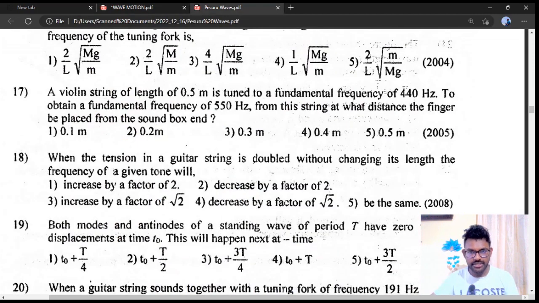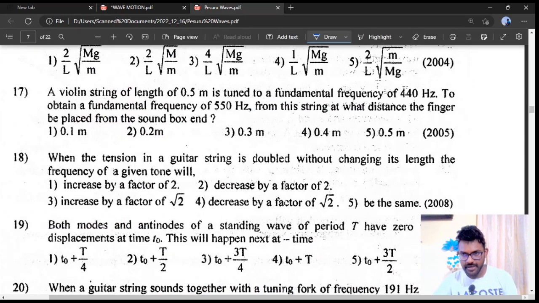We know that V equals F lambda, where V is the velocity of the wave, F is the frequency, while lambda is the wavelength, right? From that, we can see that velocity is proportional to the frequency. When the frequency increases, the velocity increases. But the velocity of a stretched string can be written as root T over M.